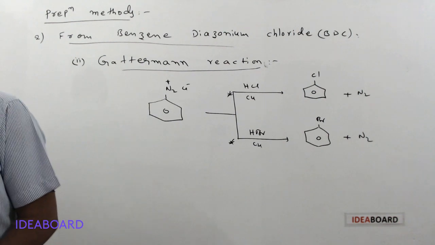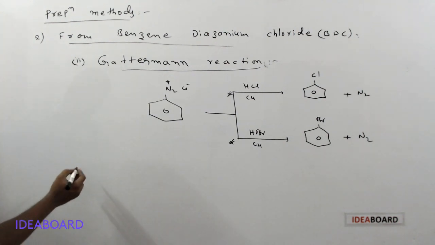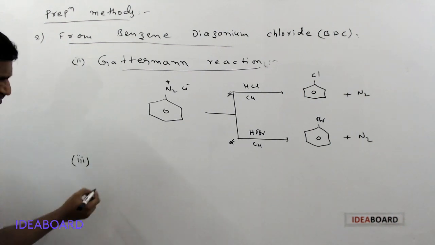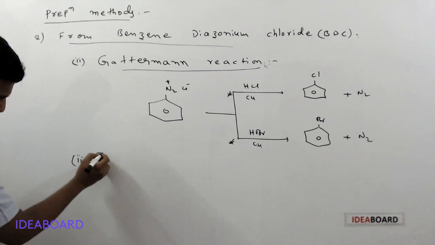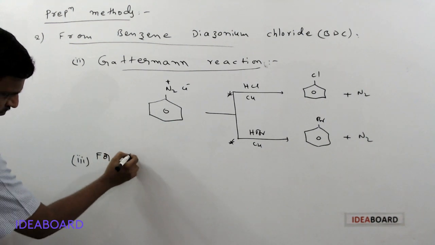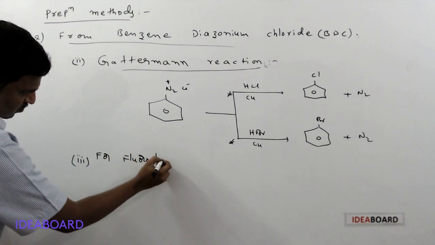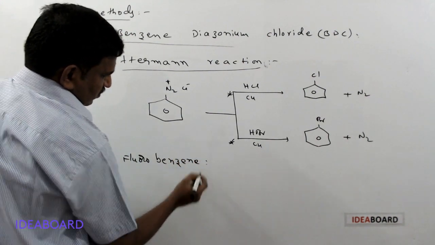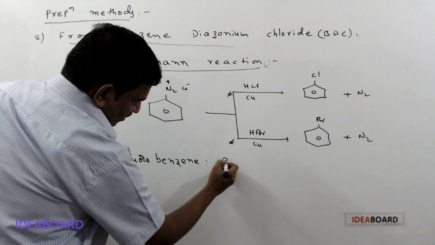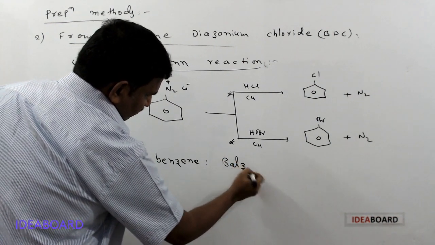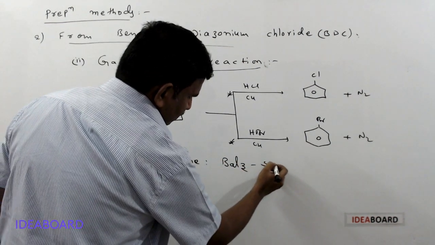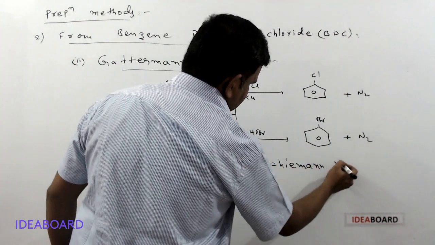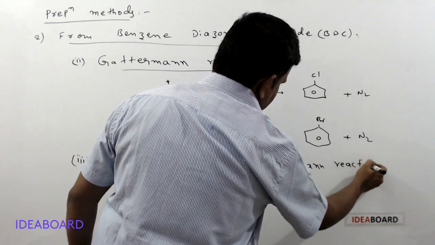For getting fluorobenzene, suppose I give a third one, for fluorobenzene preparation we use another method called the Balz-Schiemann reaction. Please remember this name also.